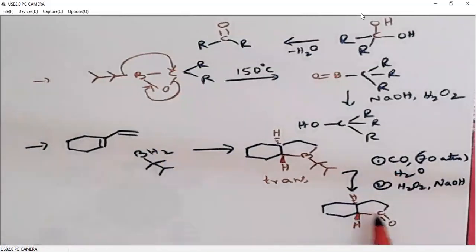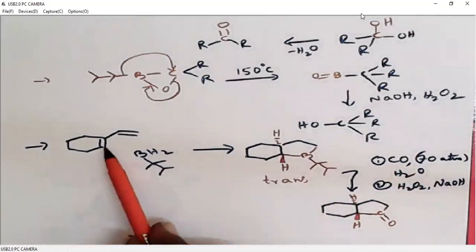Because here only two alkyl groups are migrating, we will get a ketone. So when you look at the overall reaction, the carbon monoxide is forming bonds with this carbon and this carbon.